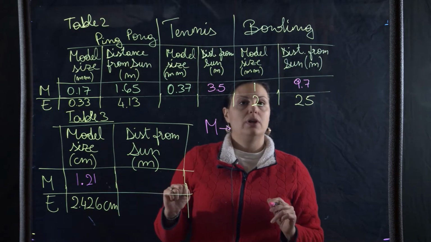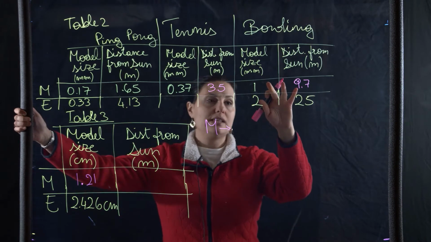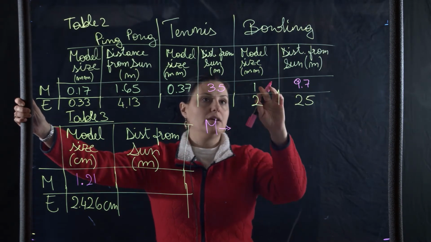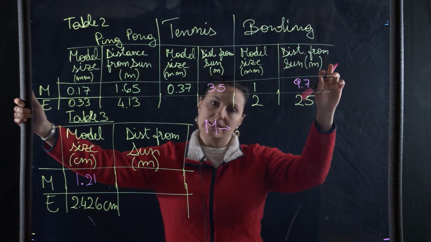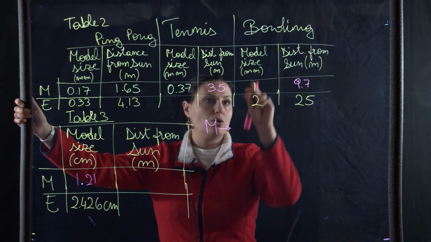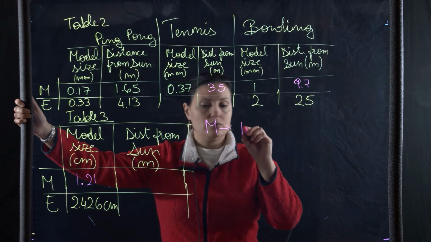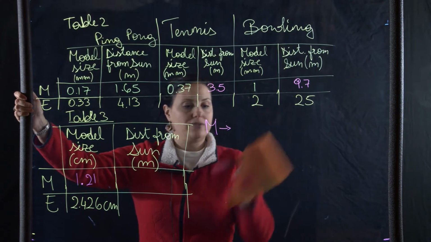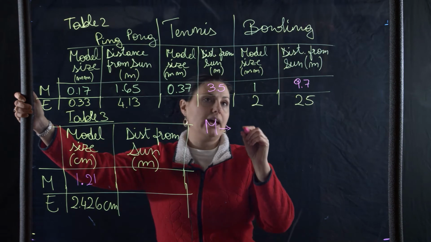Now, I know that for this model size, and I'll stick with the bowling ball, I know that for Mercury, the model size for the bowling ball divided by the distance from the sun for the bowling ball, but before I do that, because this is in millimeters, I'm going to have to convert it to centimeters, which is divided by 10.